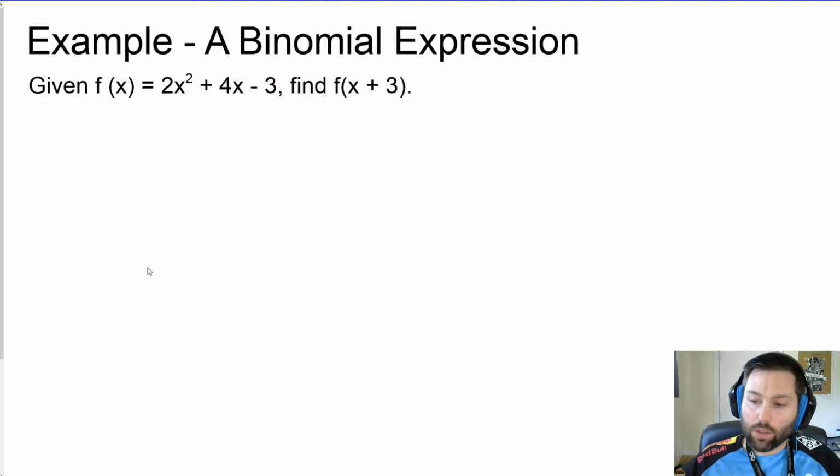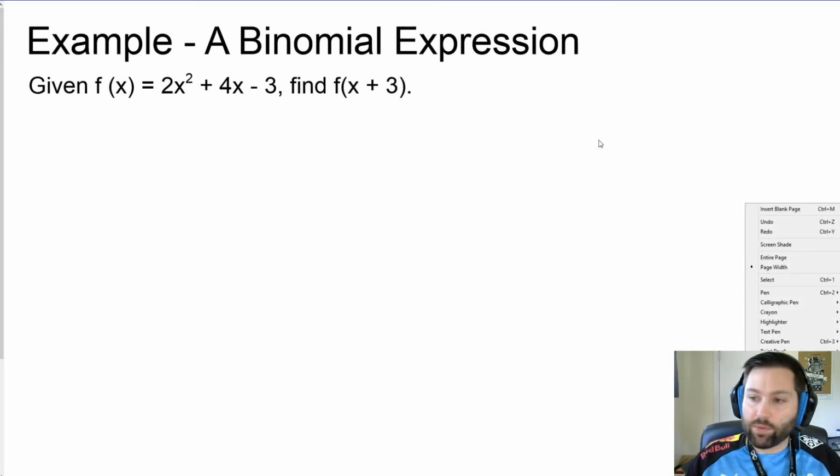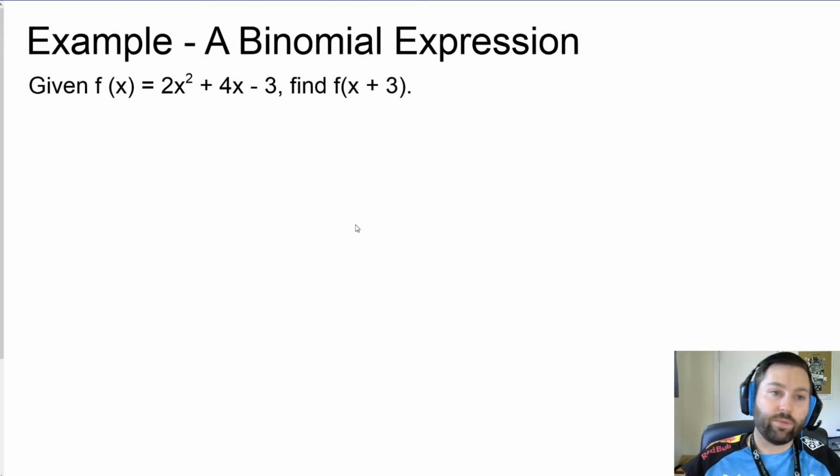And so I'm going to show you what happens when you substitute a binomial expression. So binomial is 2 terms, x plus 3. We're going to learn more about binomials later on this year. But instead of x, I'm going to put this, x plus 3, in everywhere. And it's going to go here, it's going to go here, and it's going to go in there.